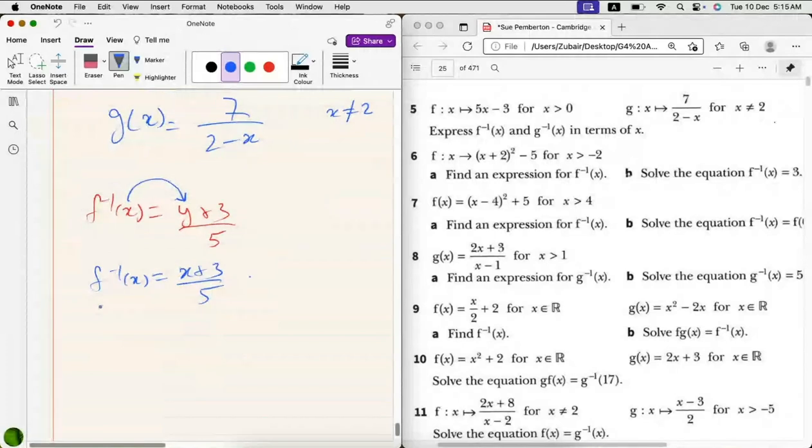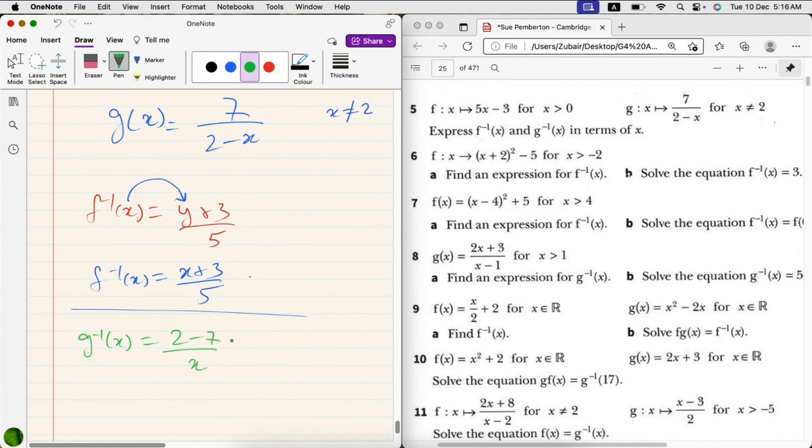And then the second one, 2 minus 7 over g equals g inverse x. Yeah, that's the same thing.